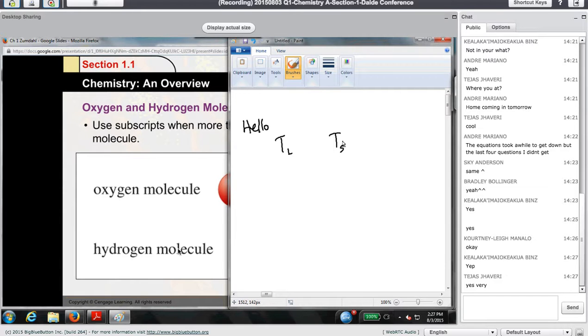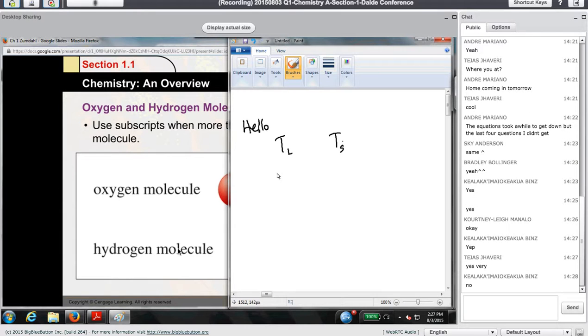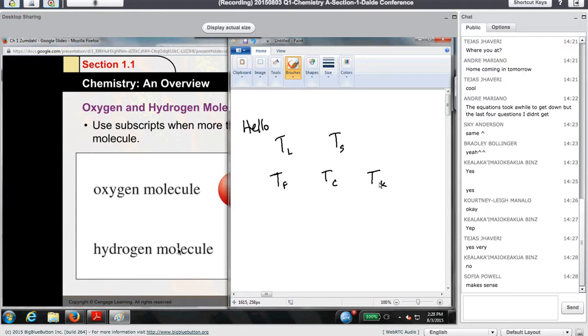Or what if we're talking about temperature, and I have temperature Fahrenheit, temperature Celsius, and temperature Kelvin? Wouldn't it make sense to put a little subscript on the bottom, so I call them TF, TC, and TK? That's not a mathematical operation. That's just helping me identify between all the T's.